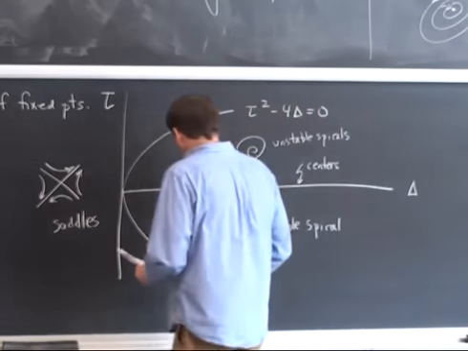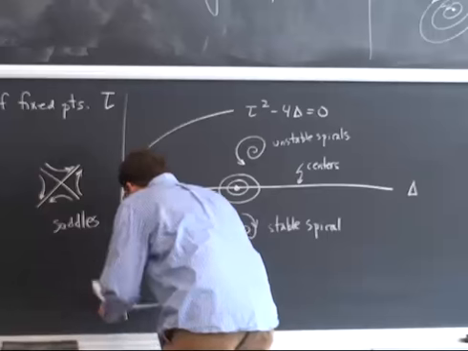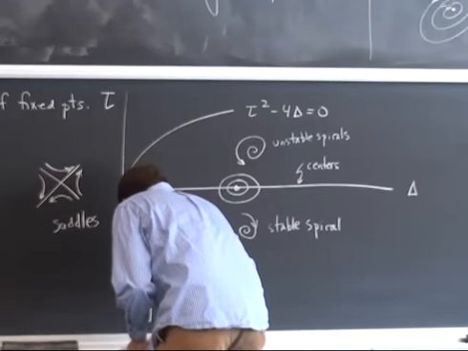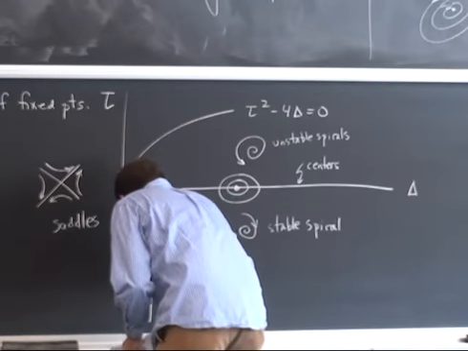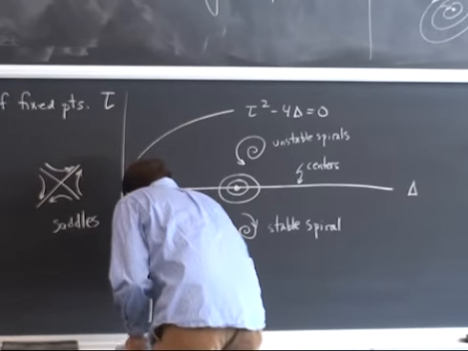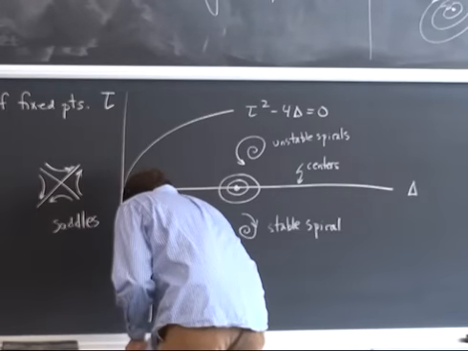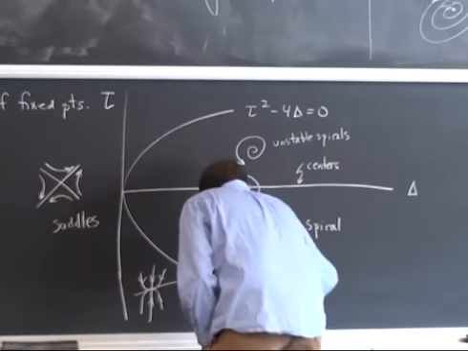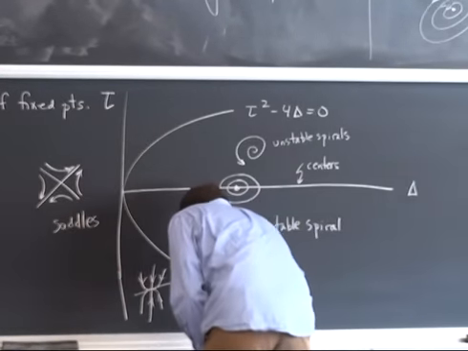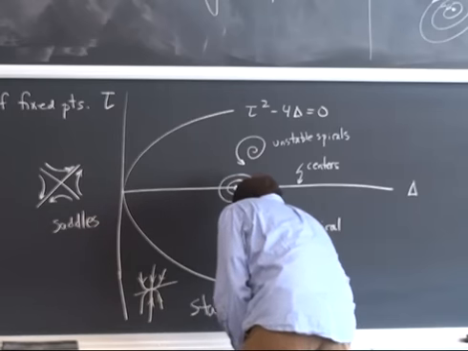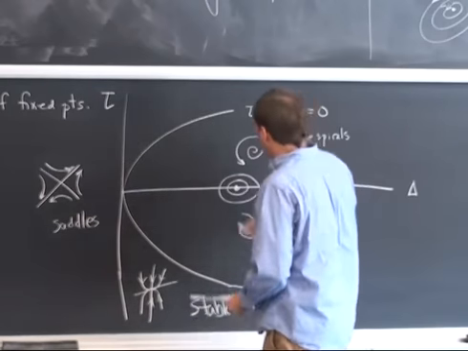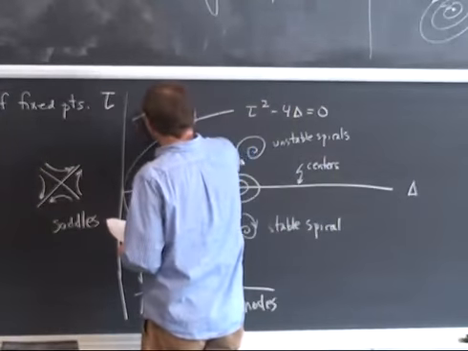The stable nodes would be down in this little space. So stable nodes way down here. Likewise, the unstable nodes are up here.